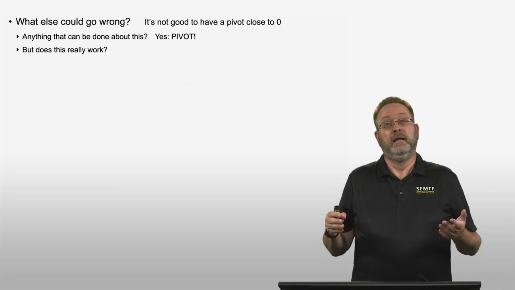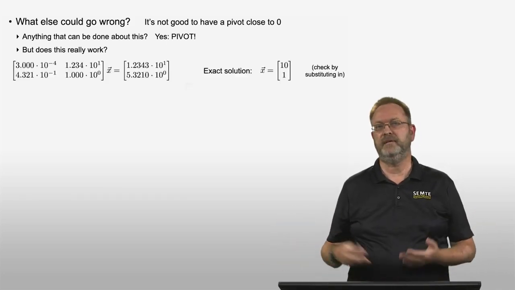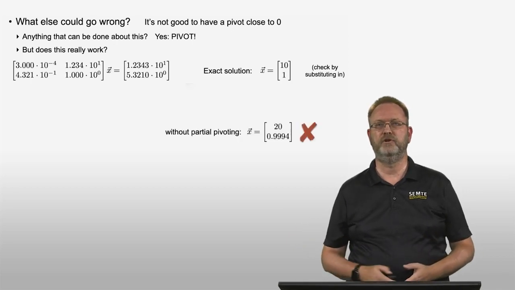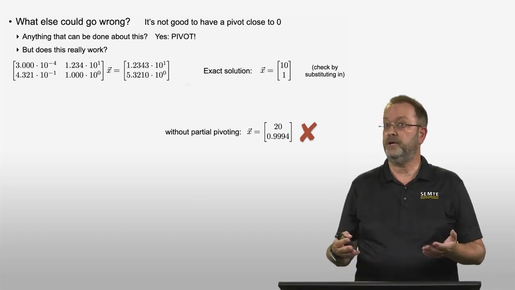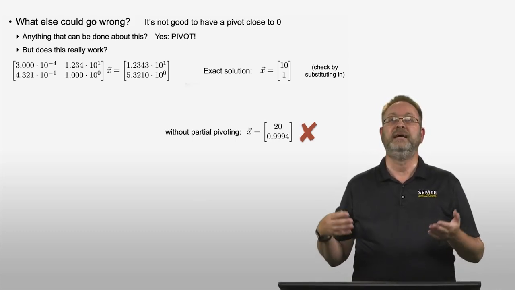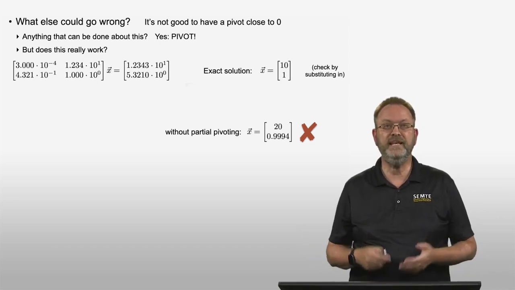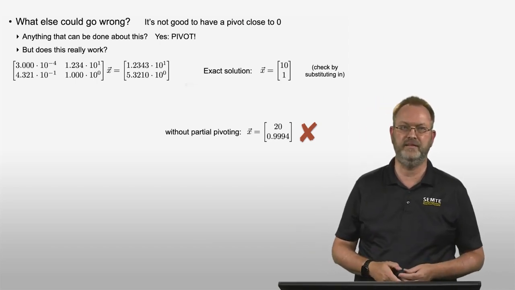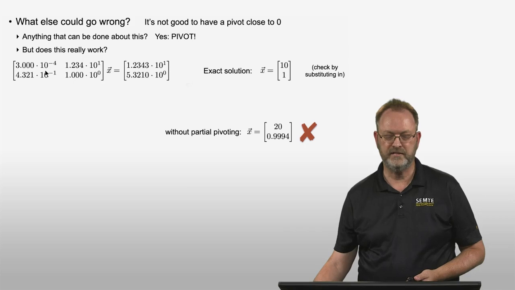Okay. Now, does this really work? Let's go back to the example that we did before, rounding to 4 significant digits, where the exact solution was 10, 1. And without partial pivoting, our result was 20 and 0.9994. If we now do partial pivoting in this example, you'll see that the first entry in the first column of the second row is actually much larger than the previous pivot value.